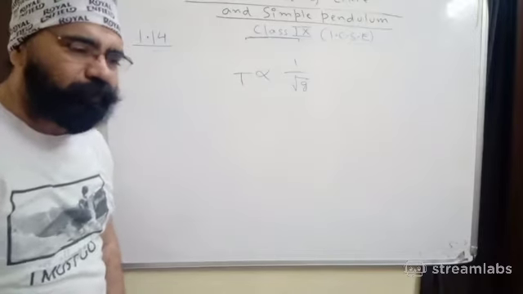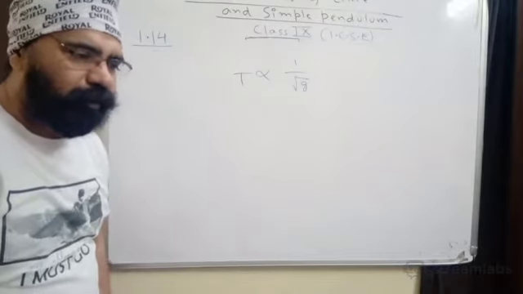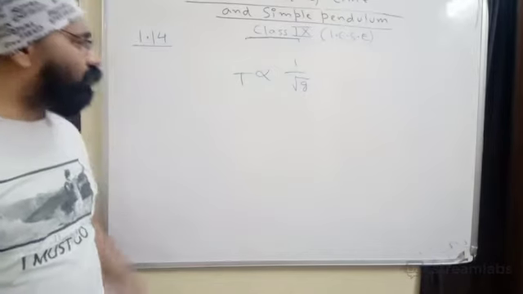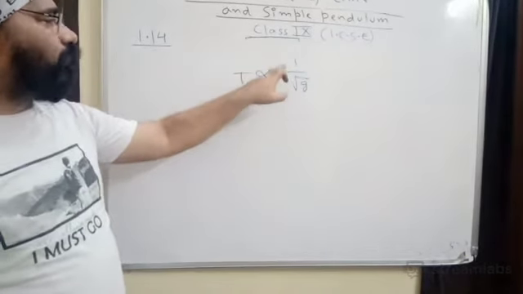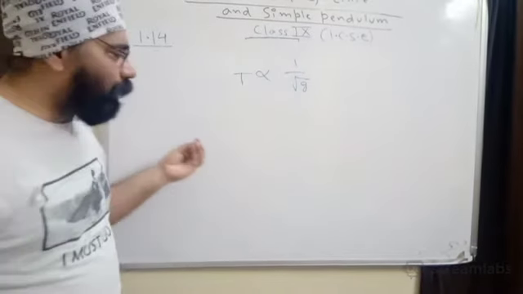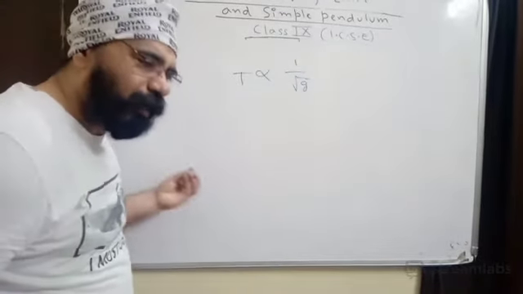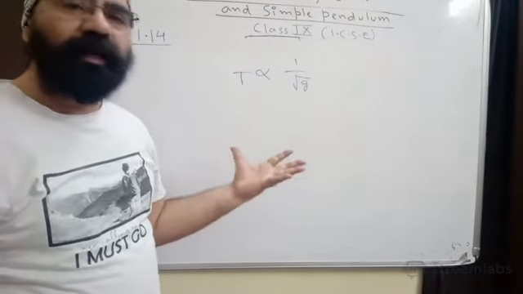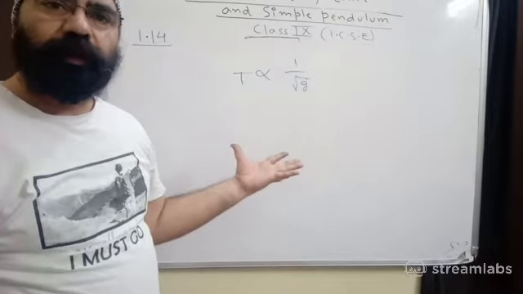If we take it to the mountains, the distance increases, isn't it? So its g will decrease. So if g decreases, which means the time period will increase. Time period increasing means now the oscillation is taking more time, right? Which means my watch has become slow. Understood?